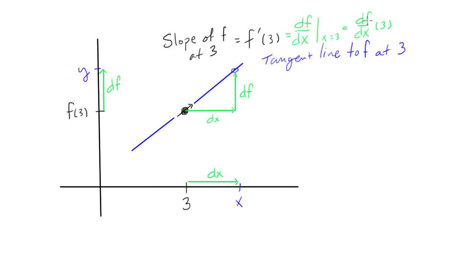Write down what the differential is, head minus tail, head minus tail, and fill in our slope. df over dx is our slope. And then we just solve for y.